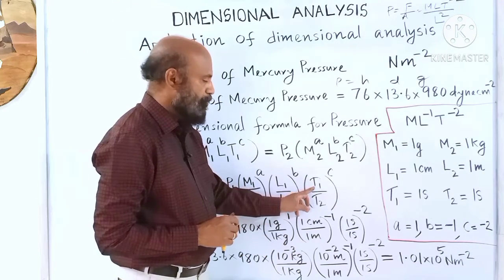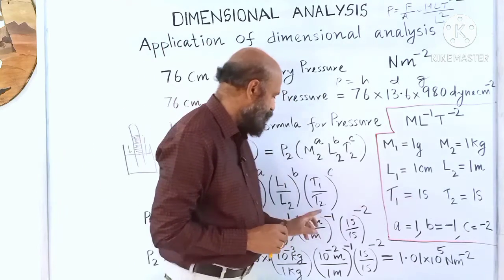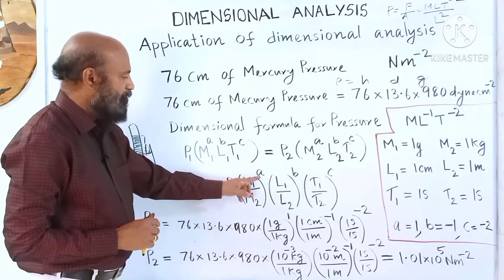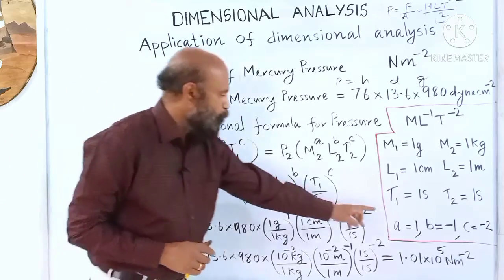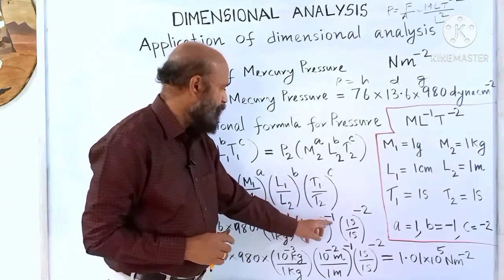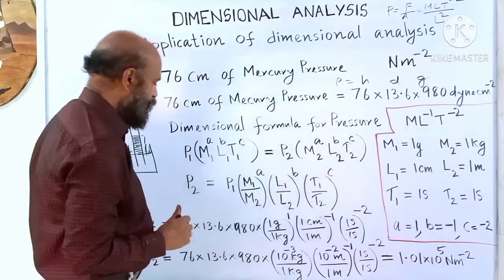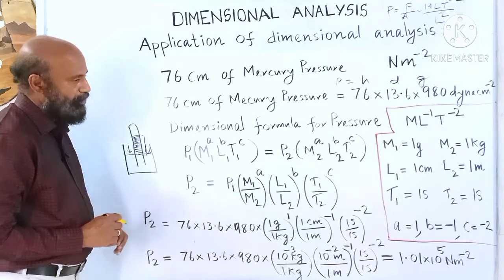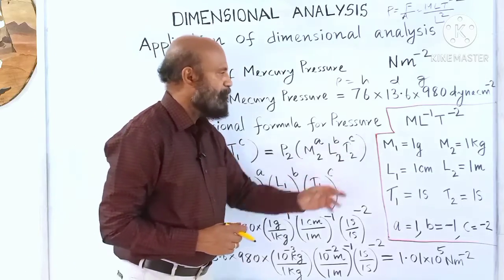T1 is 1 second, T2 is 1 second. Now a is 1, b is minus 1, c is minus 2. The second system is the SI system.